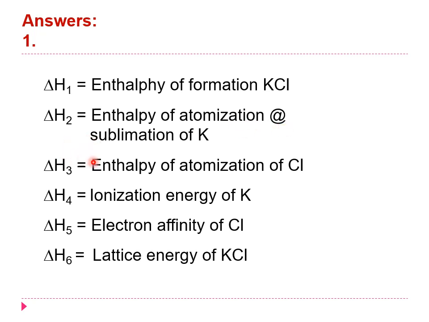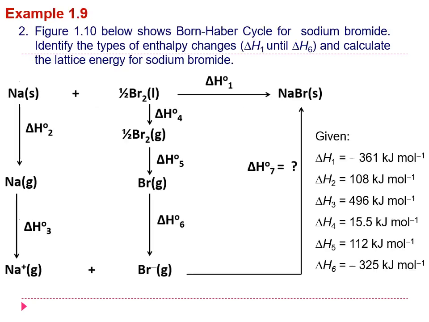Delta H3 is then enthalpy of atomization of chlorine. And then delta H4, you can see that the atom for potassium is turning into cation. And then electron affinity of chlorine, it turns into anion. And finally, the biggest and the largest enthalpy would be lattice energy of potassium chloride.